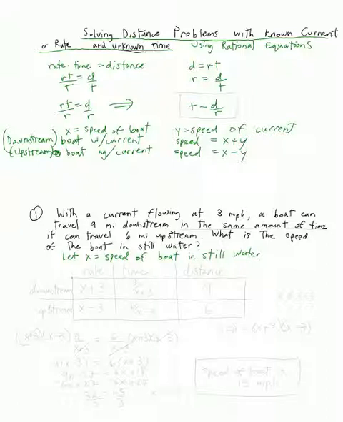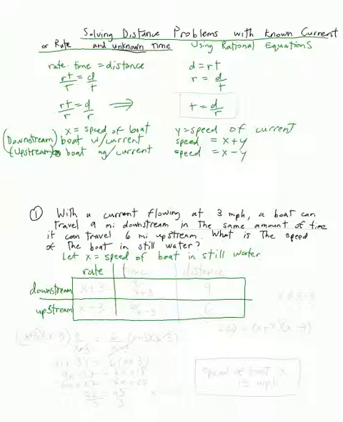Let's go ahead and draw our table, as I love doing tables. So we have upstream and we have downstream. It mentions downstream first, so I'm going to write that one first. Downstream and upstream, and we have rate, time, and distance.